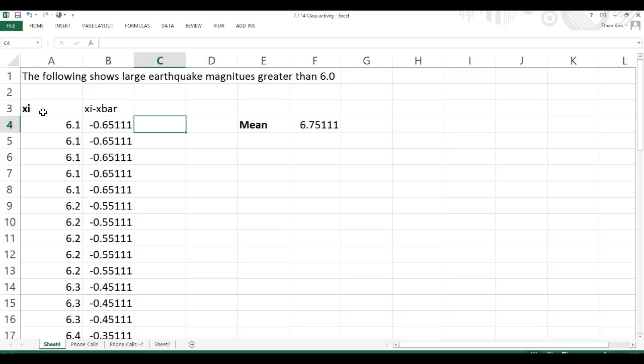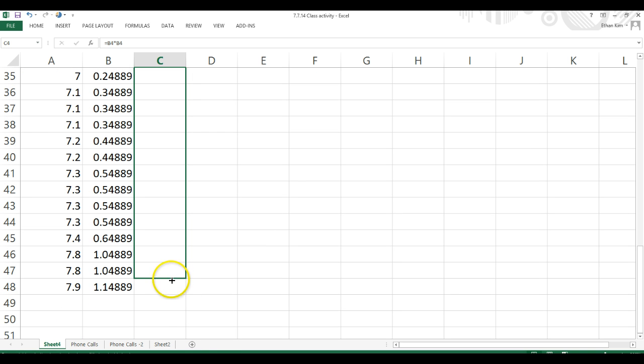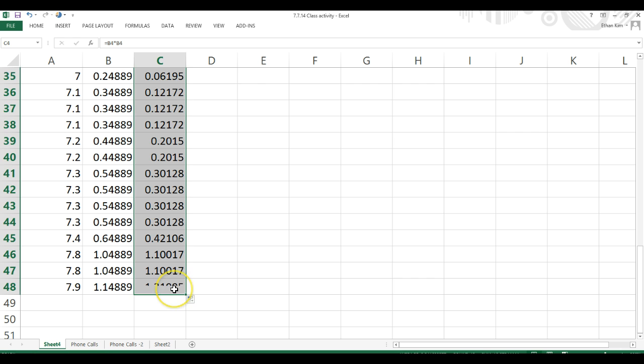Right? So equals. There is a function for exponent, but this is only a square. You only multiply it by itself. This times, the star, the same value, right? And that takes care of the negative sign. And we're gonna drag this all the way down to 48, and we get these values.